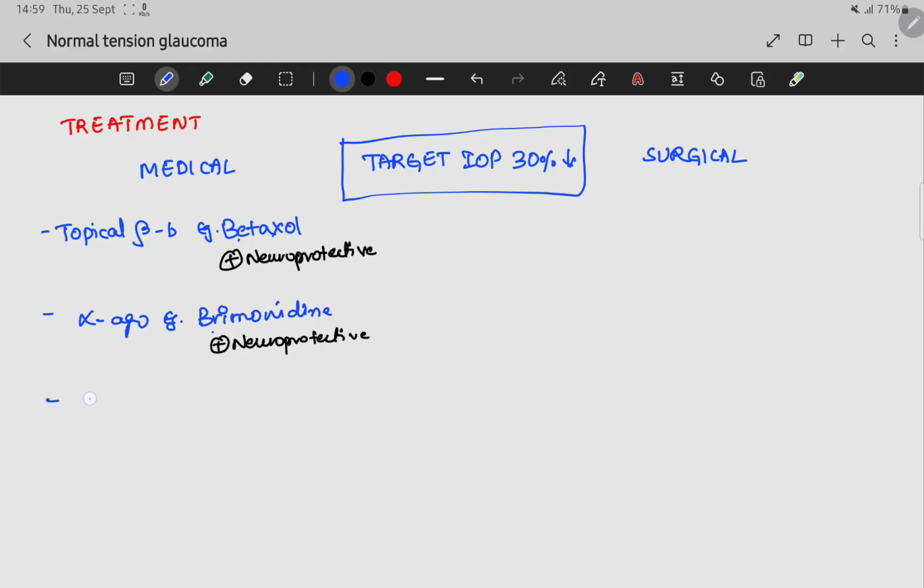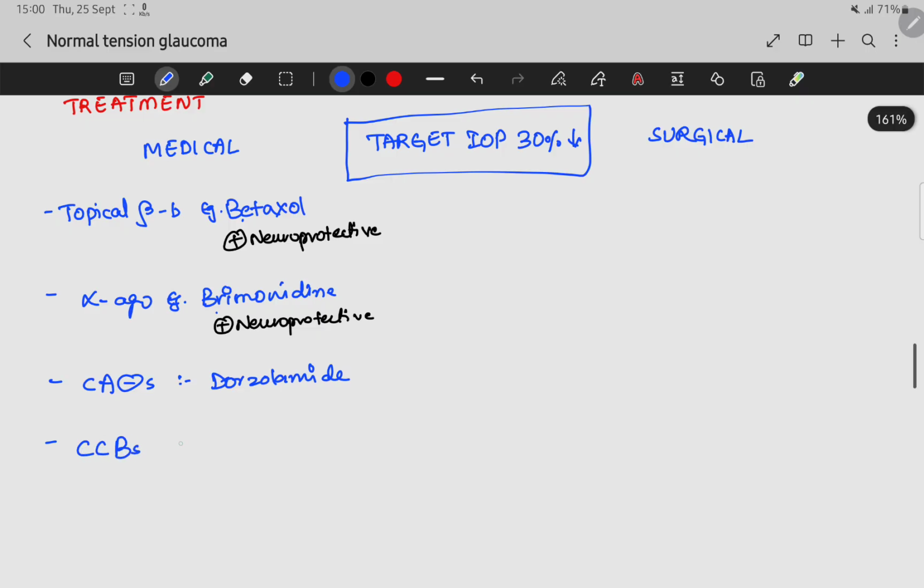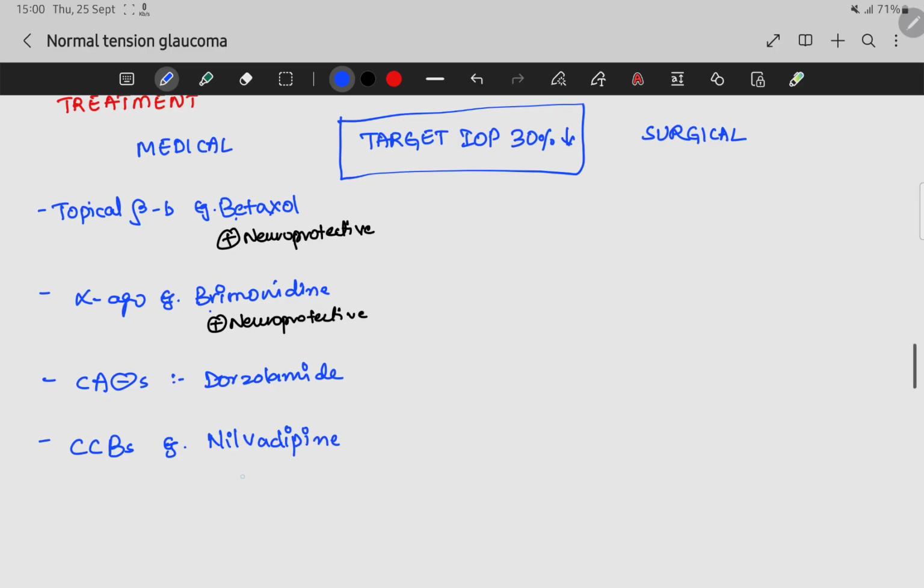We can also use carbonic anhydrase inhibitors like dorzolamide, and calcium channel blockers like milnacipran and brovincamide.